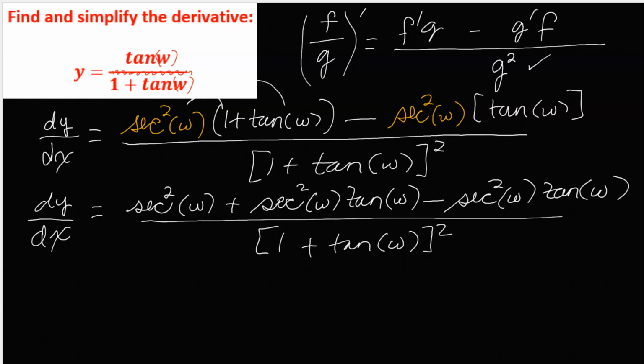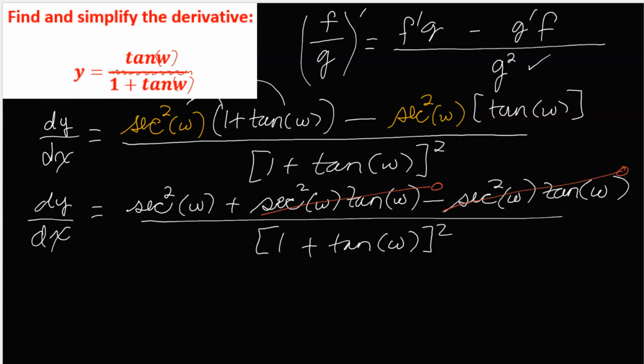And guess what? A number minus itself is 0. So all we have on the numerator is secant squared w over 1 plus tangent w squared.